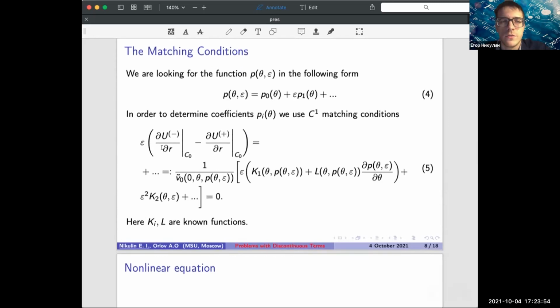We're looking for the function P depending on theta and epsilon in the following form. In order to determine coefficients Pi, we use C1 matching conditions.